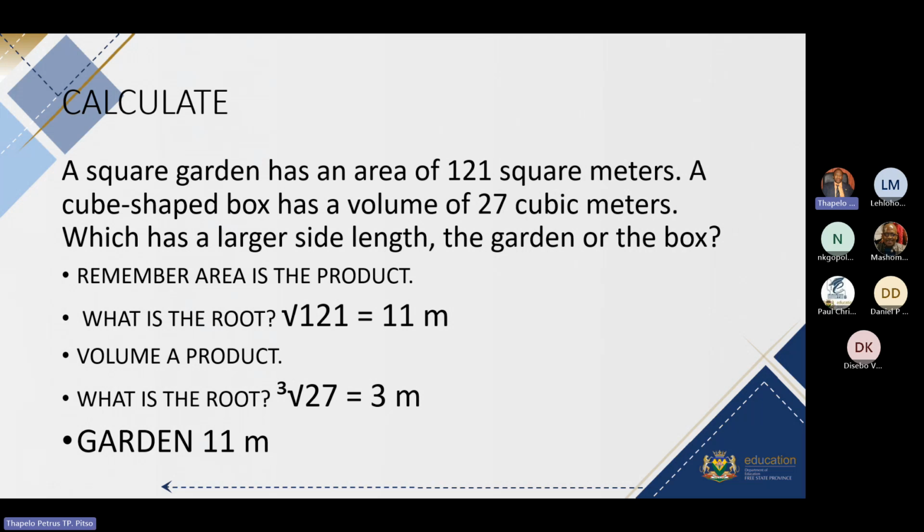The product of the roots, which is 3 multiplied by 3 multiplied by 3. Now, clearly, which one is larger in length is of course your 11 meters. For the square garden with that area, which one has a larger side length? It's your square area.